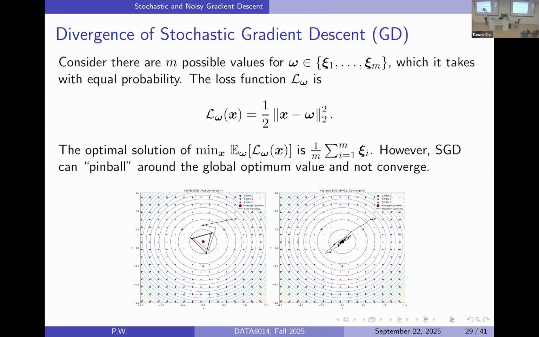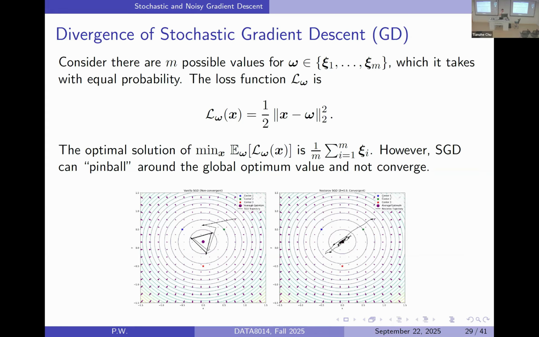You can see these are some samples, and this one is the closed-form solution. The iterates of gradient descent will oscillate around this point and may not converge, just using vanilla stochastic gradient descent. However, if you add a momentum term to the stochastic gradient descent update, you will observe this: you converge very fast to the global solution.